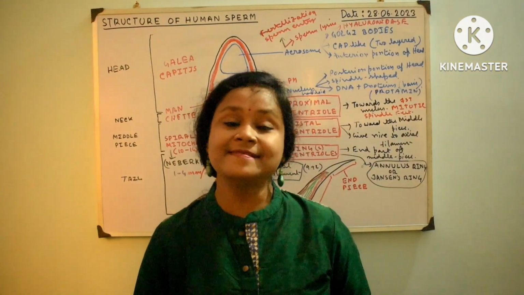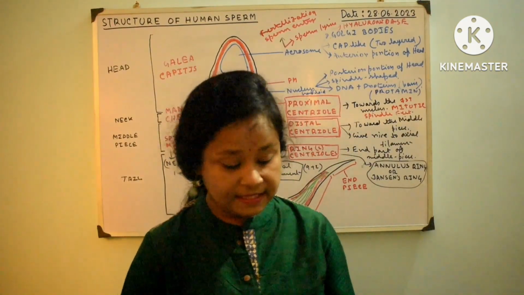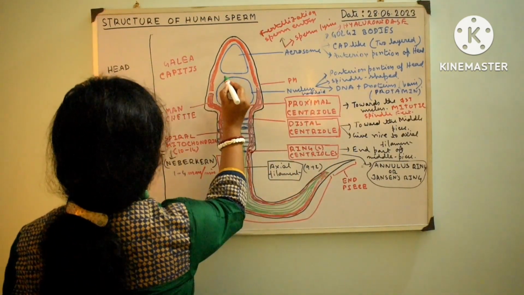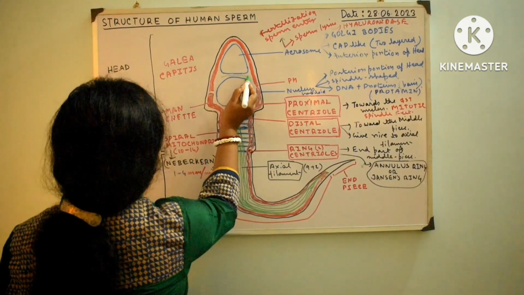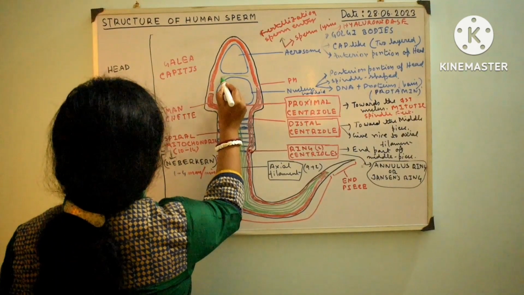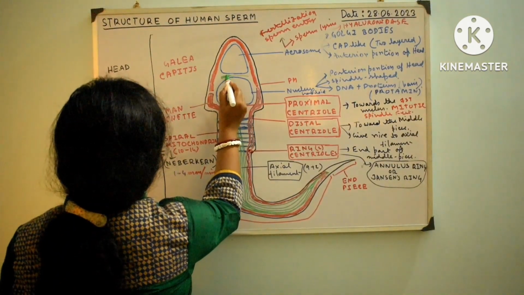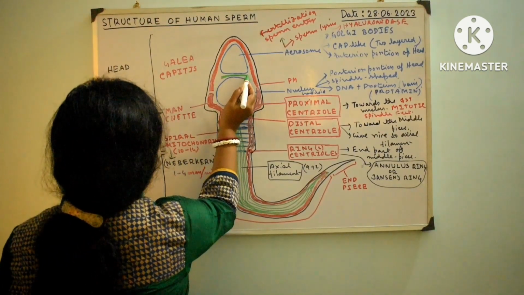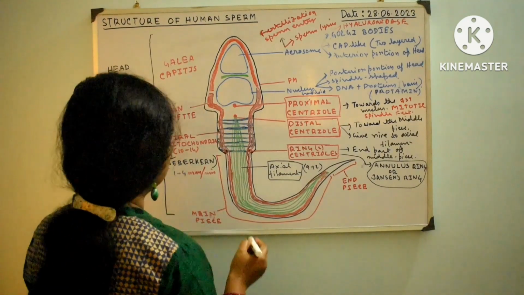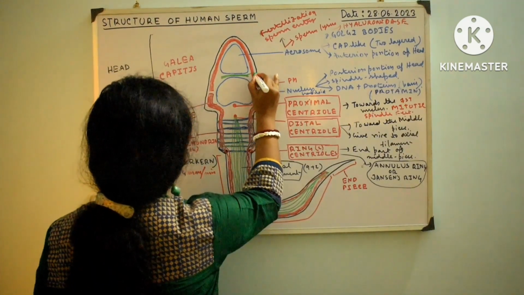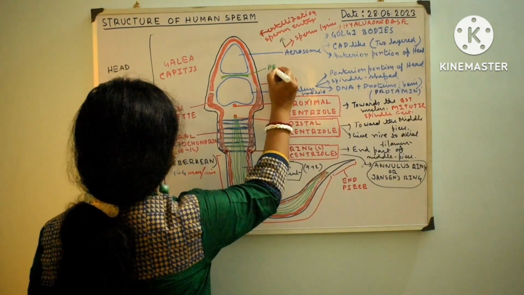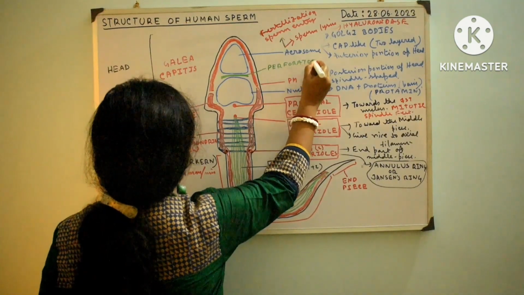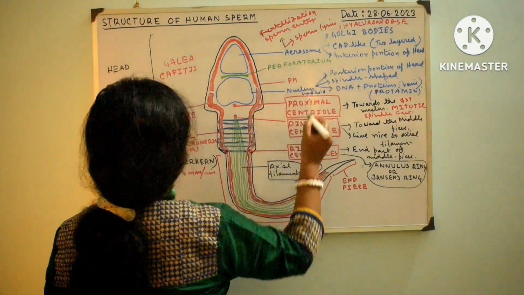Now let's discuss a distinct point, the gap. Here we can see a gap between the acrosome and nucleus of the sperm head. This portion is known as the perforatorium.